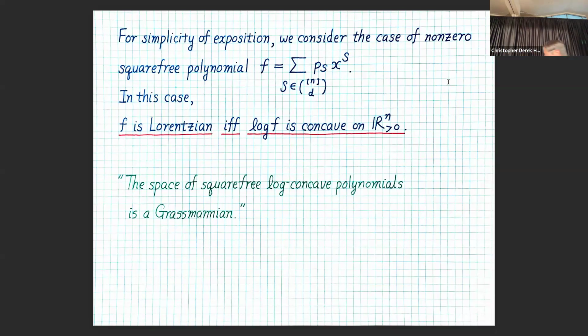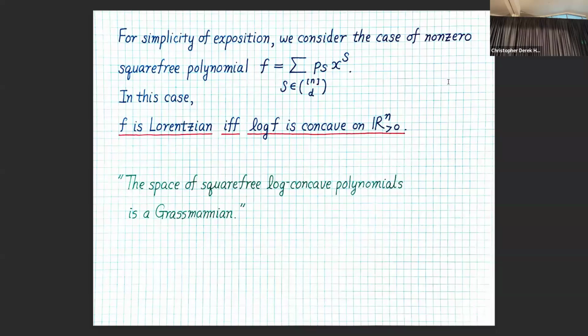Why? Because f is a square-free polynomial, it is affine linear in each one of the variables. So the leading term of this affine linear function, which is the partial derivative with respect to that variable, is in fact a limit of f.